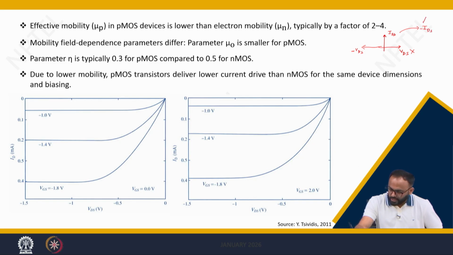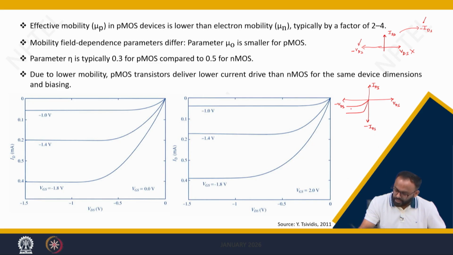So the current is negative, the voltage is negative, the curve will come up in the third quadrant, that is what we are plotting. So this is the minus IDS scale and this is the minus VDS scale.